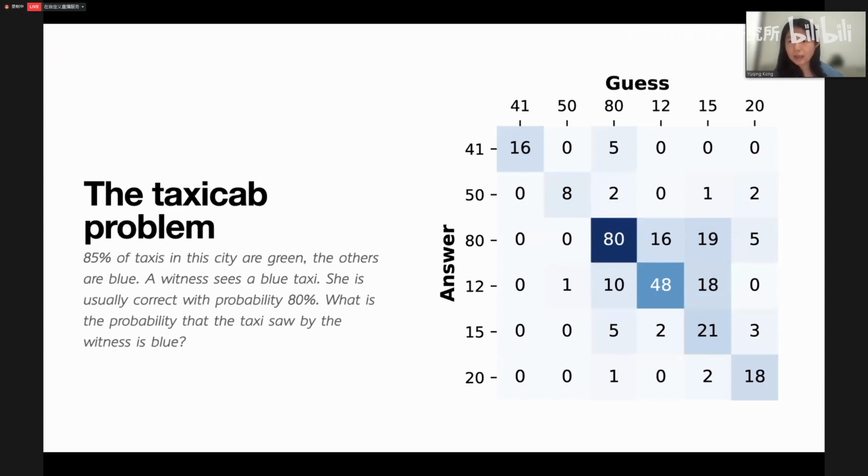The interesting thing is that the most sophisticated answer, 41, was given by 16 people, and among these 16 people, none of them knew that some people could answer 12, 15, or 20.